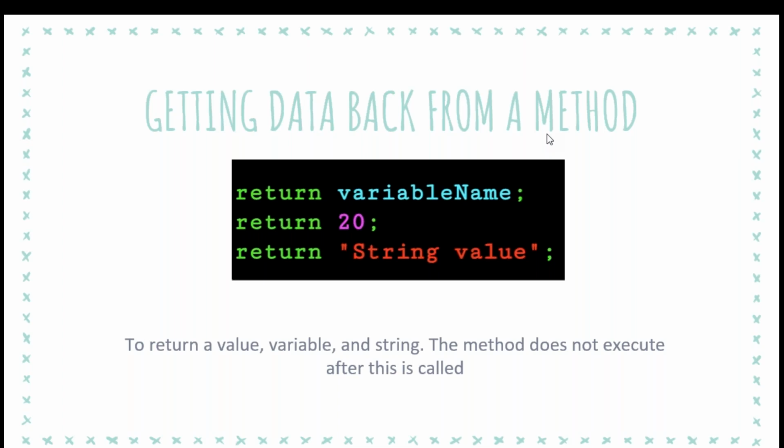Getting started with that, I want to first bring to everyone's attention returning, and how to get data back from a method. As you can see, there is a photo attached here with return statements. This depicts how you can return a value within a method. This is how you can return values, for example a value, which is return 20 over here, and a string, which is return a string of value.